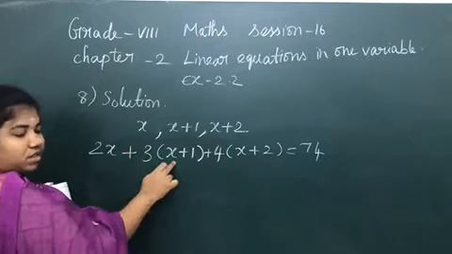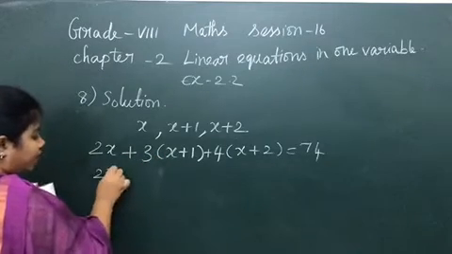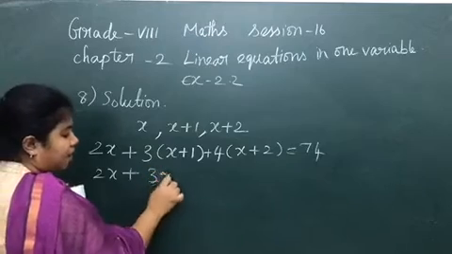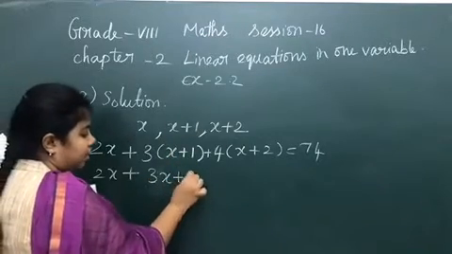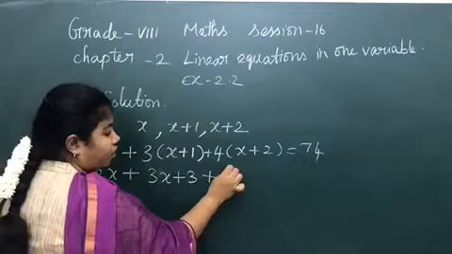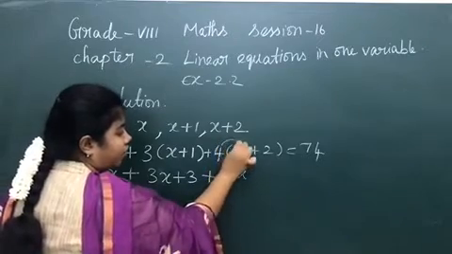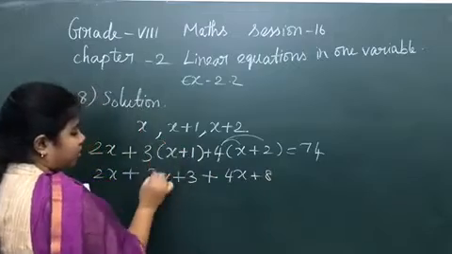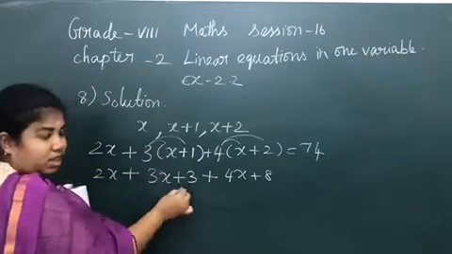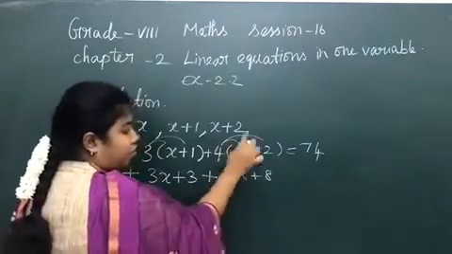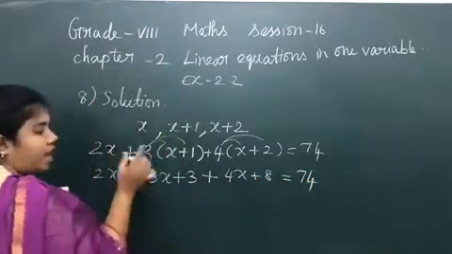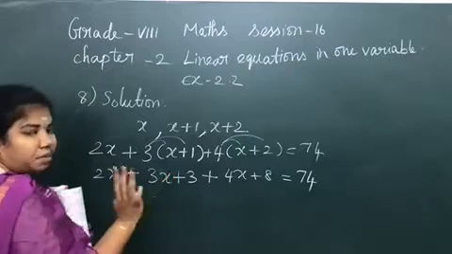Now multiply inside the brackets. 2x as it is, then plus 3 into x is 3x, 3 into 1 is 3, plus 4 into x is 4x, 4 into 2 is 8, which is equal to 74. Now we have removed the brackets and we have a simple equation.